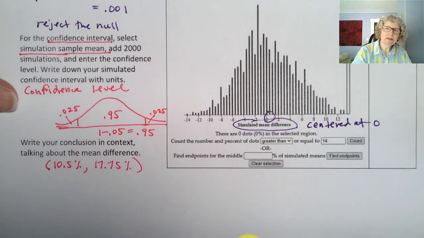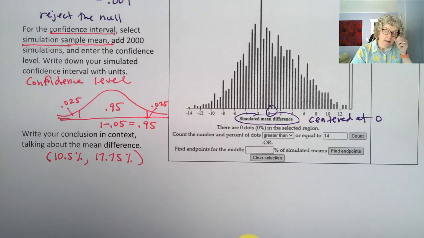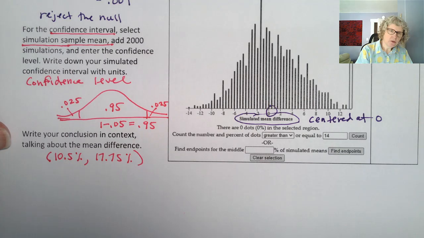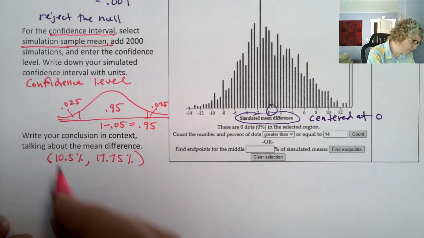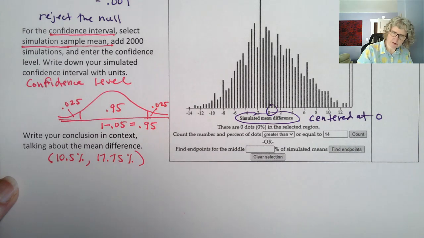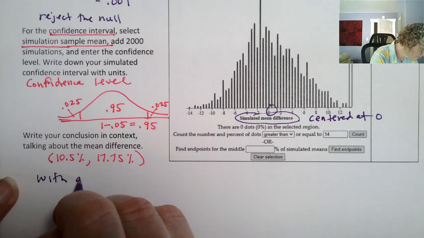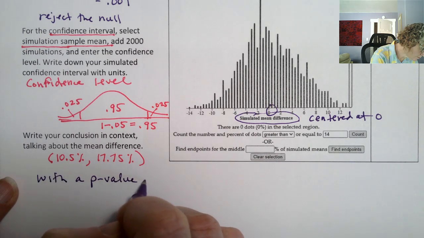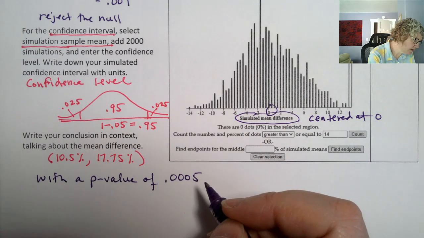Okay, now let's summarize both of these together. Since we're getting more practiced at this, we're going to do a test and an interval for just about every single thing, and then we can summarize those together, okay? So with a p-value of, we got 0.0005.